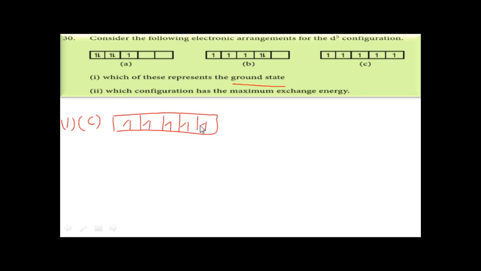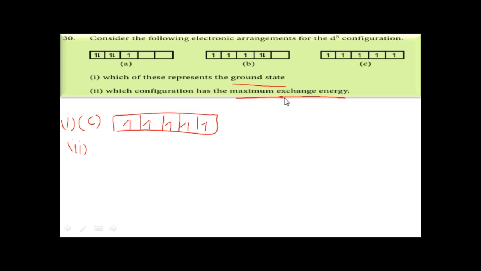The second question, question number 2: which configuration has the maximum exchange energy? Already you know that maximum exchange energy is possible when the configuration is half filled or fully filled. Which one is half filled or fully filled?